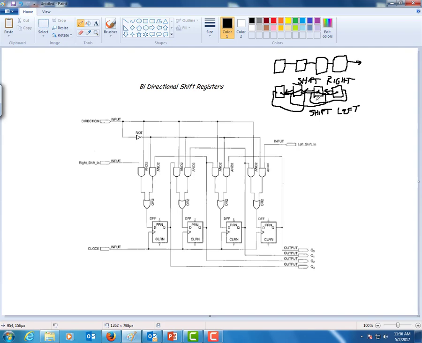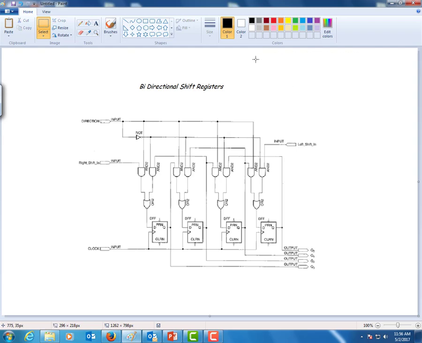Just take the big picture that when you clock it, whatever was in this one is going to be here, whatever was in this one is going to be in this flip-flop, and whatever the value was of this flip-flop is going to be in this flip-flop. I'm talking about the Q values. Now, if you're talking about shifting left, it just shifts the other way, just like we talked about. So those are 2 types of shift registers: one shifts to the left and one shifts to the right.